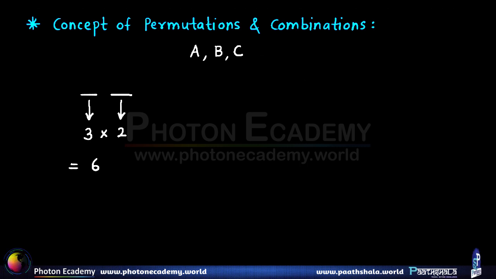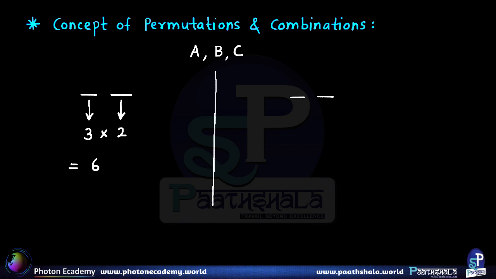Now let's consider another situation. We still have the same set of 3 students, but instead of a photograph of 2 students, we want to form a team of 2 students. When we say a team, we know inherently that there is no order when we list down the members of a team.